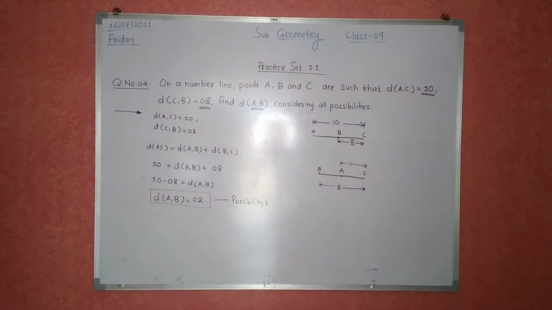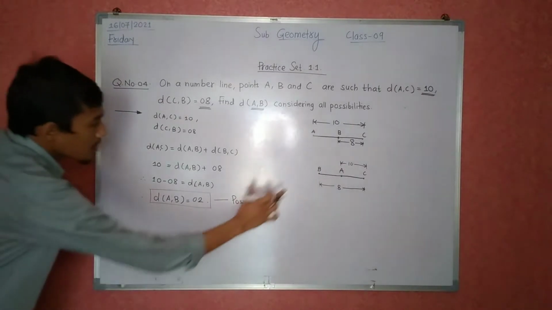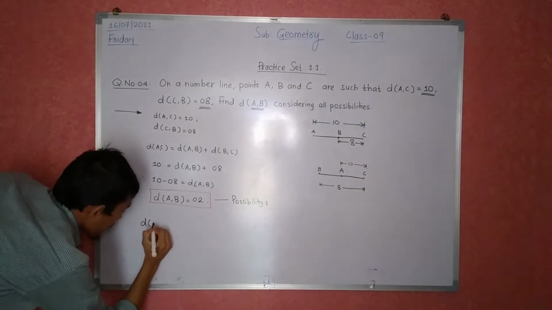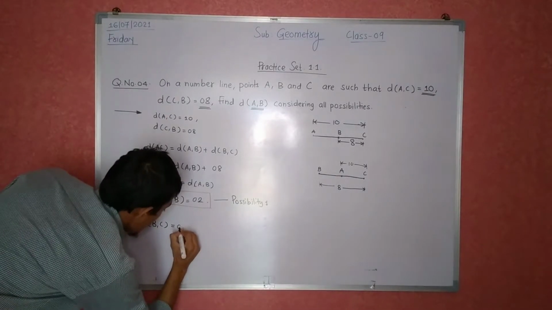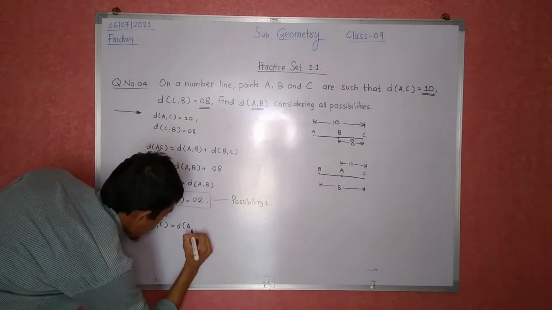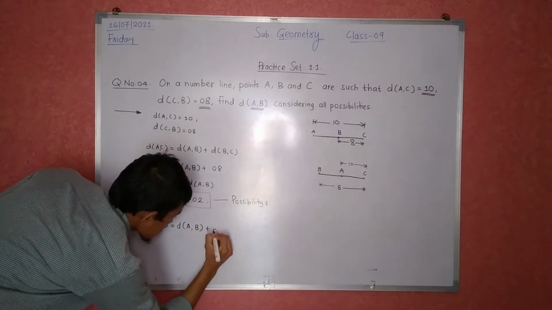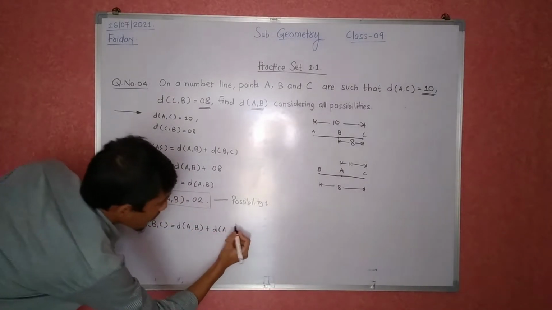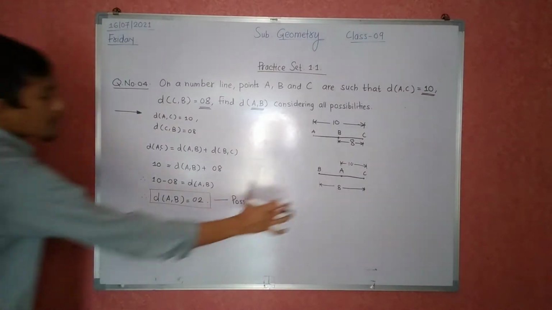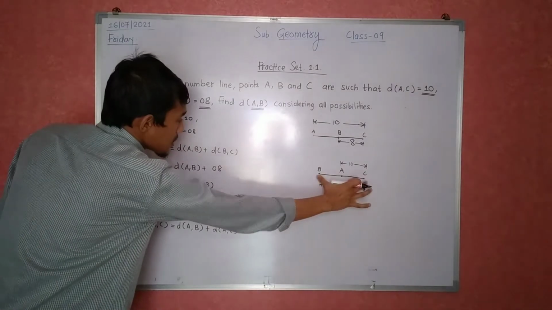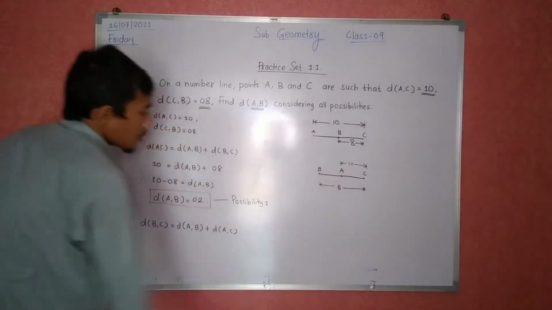Now considering the possibility 2, so D of BC is equal to D of AB plus D of AC. Okay, अब सेकेंड केस में क्या होगा, BC इज इक्वल्स टू AB प्लस AC होगा.